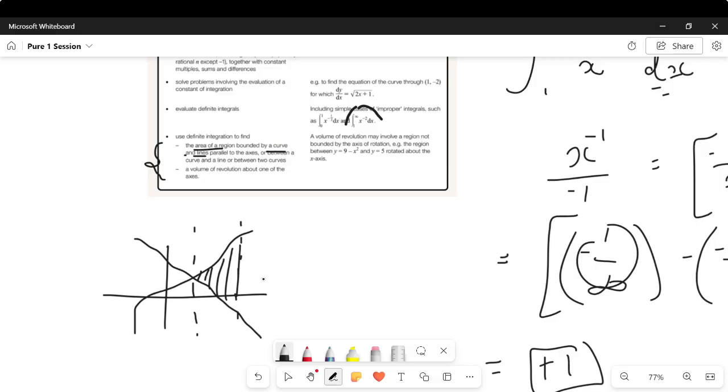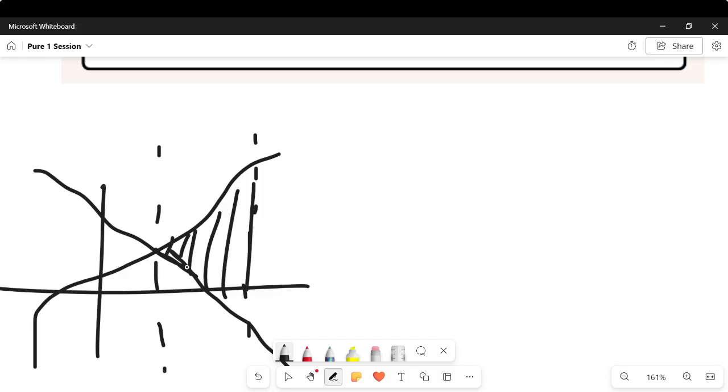Keep in mind that this is sort of a right angle triangle. So whenever possible, use formulas of basic shapes. You basically find the area under this entire curve, and then you subtract the area which is over here to get the shaded region.